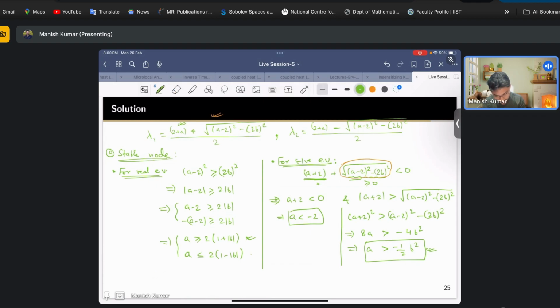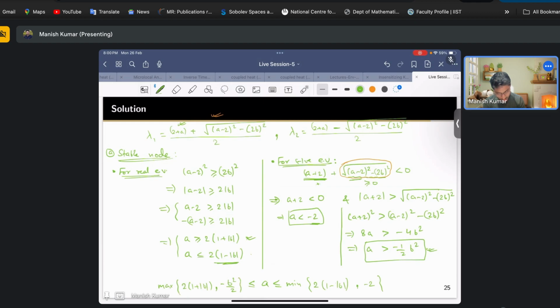Okay, to be more simplistic, let us write in combining this, what we get is a should be less than or equal to the minimum of the upper bounds, that means the minimum of 2(1 minus mod b) and minus 2. Okay, the two upper bounds, this one and this one, and it should be the maximum of the lower bounds. So here you have 2(1 plus mod b) and then minus b squared by 2, correct?